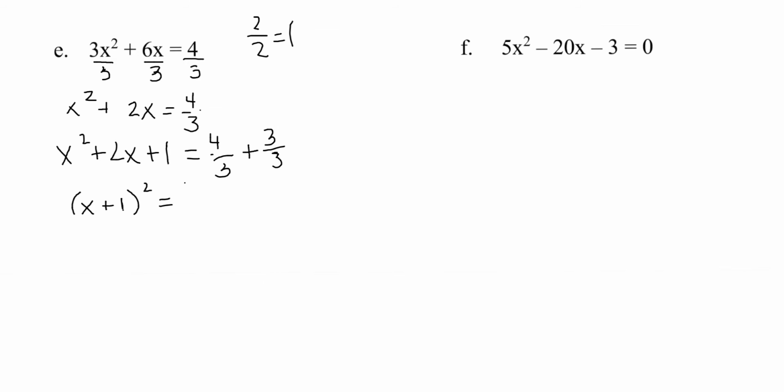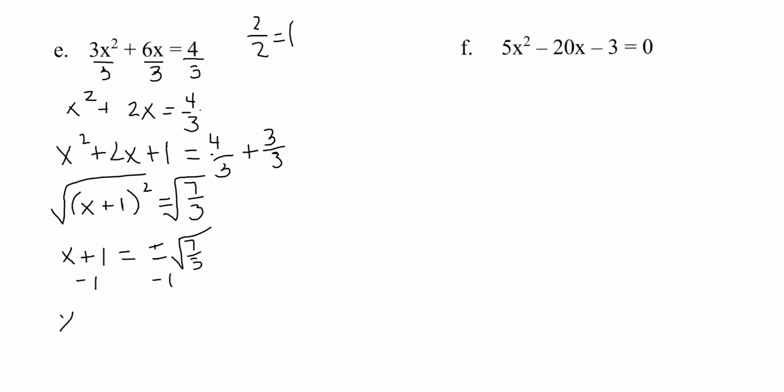And that's going to be equal to 7/3 when I add the other side. Now we're going to take the square root of both sides. So I'll have x plus 1 is equal to the positive and negative square root of 7/3. Then I'll subtract 1 from both sides. So I get x is equal to negative 1 plus or minus the square root of 7/3.